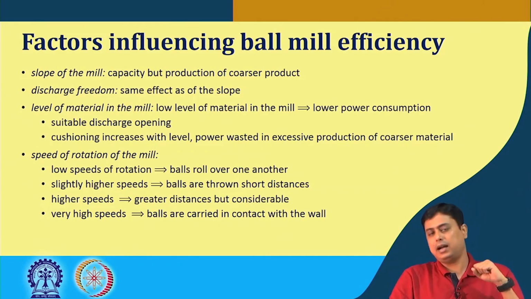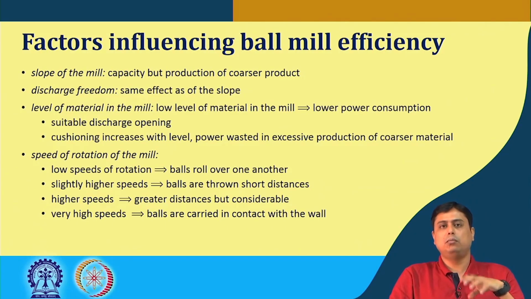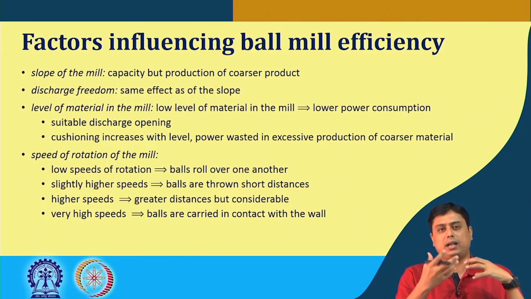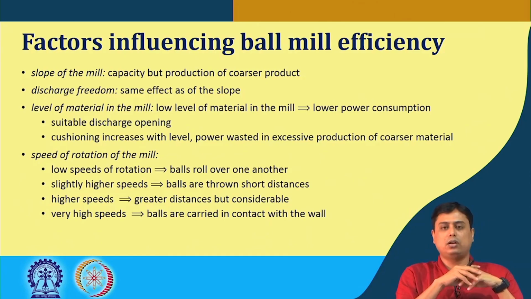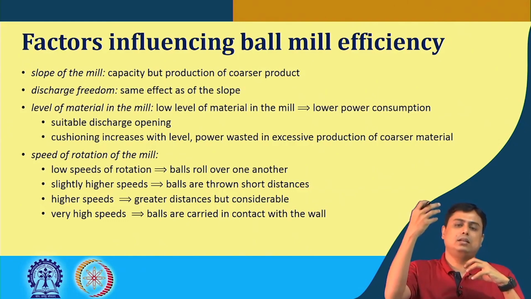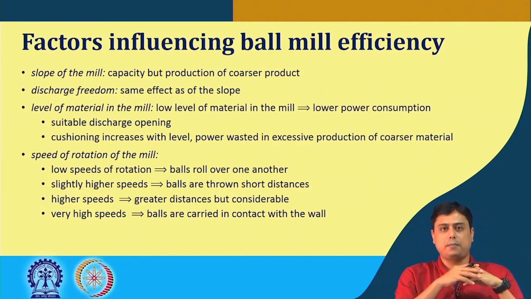If that happens, that is the ideal scenario. So at low speeds of rotation, one ball rolls over another. If you increase the speed a bit higher, the balls are thrown at a short distance. If you increase it to a higher speed, that distance of travel increases.